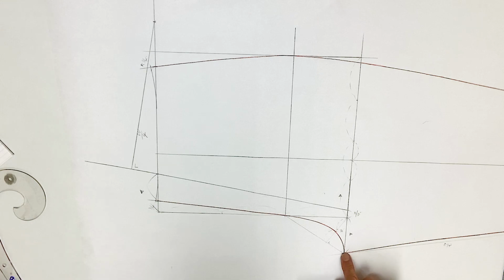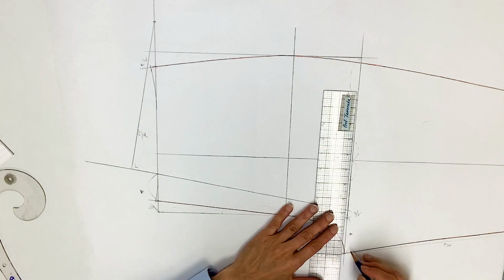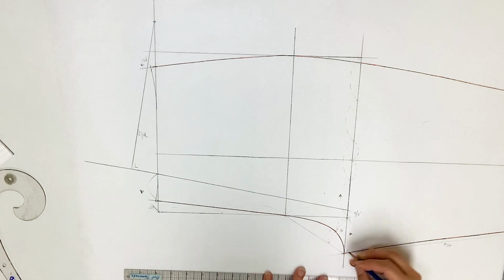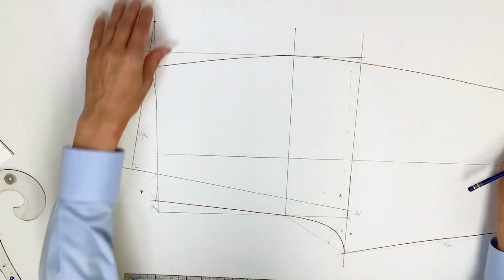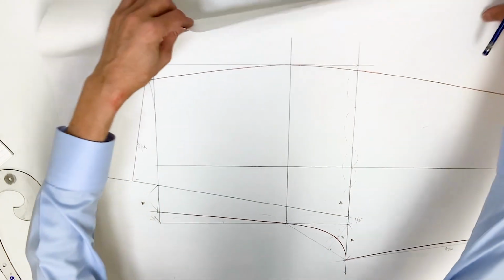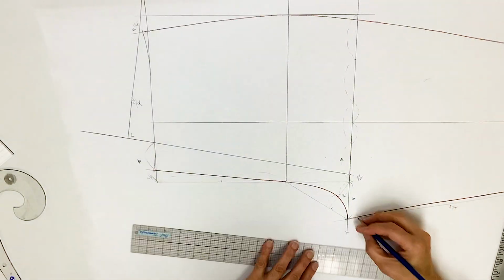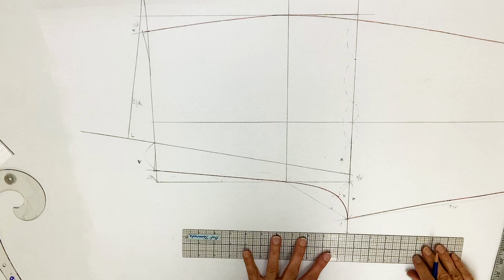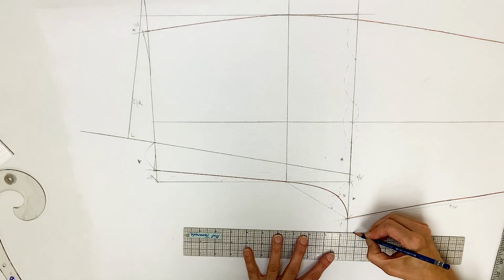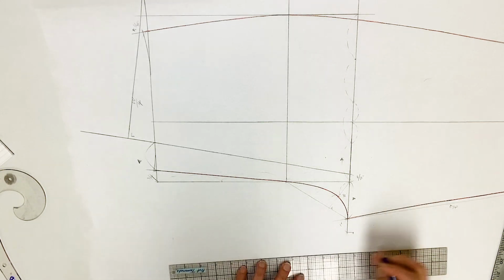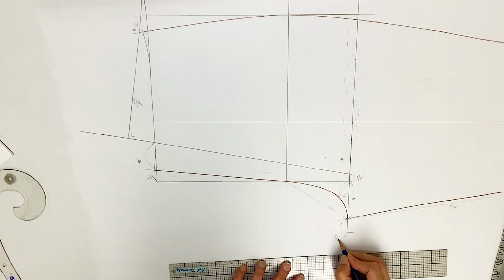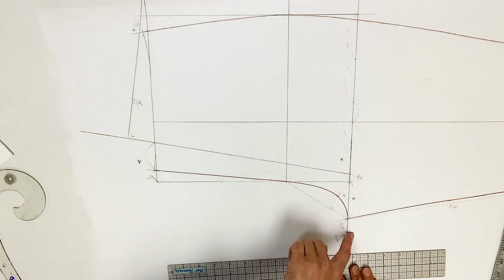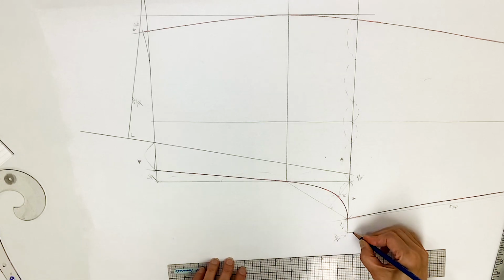From the front crotch point, you extend the point 1 inch, and then drop 3/8. Go out 1 inch and then down 3/8. That is the back crotch point.